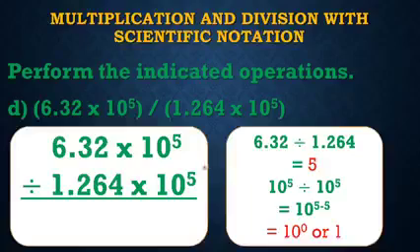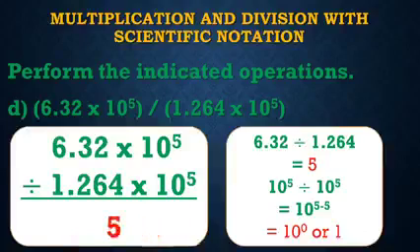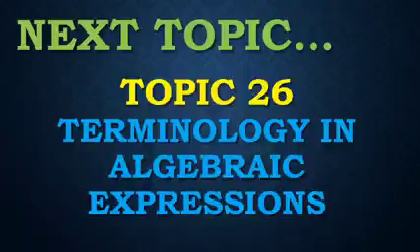Okay, therefore, the answer of 6.32 times 10 raised to 5 divided by 1.264 times 10 raised to 5 is 5 times 10 raised to 0, or that is 5 times 1, and the answer is 5. That's the final answer. For the next topic, stand by for topic number 26.